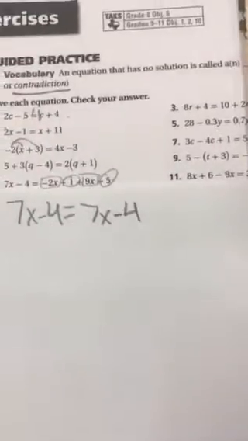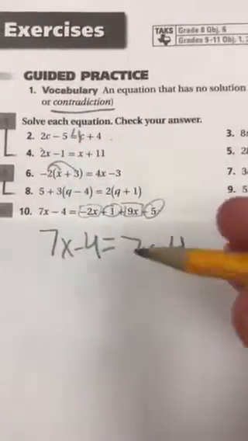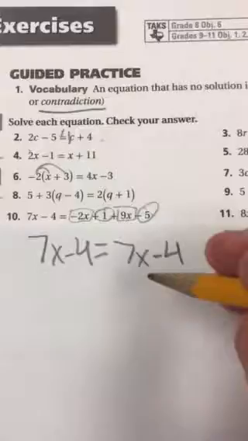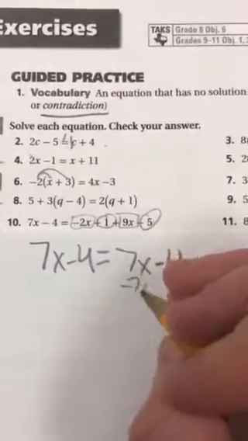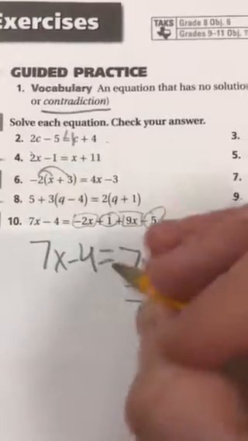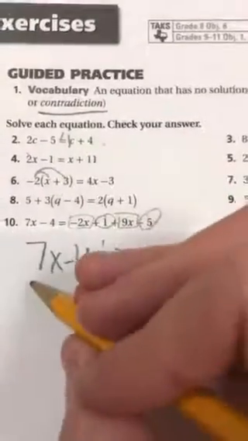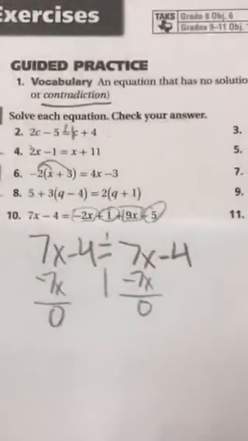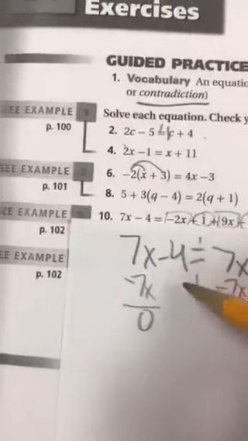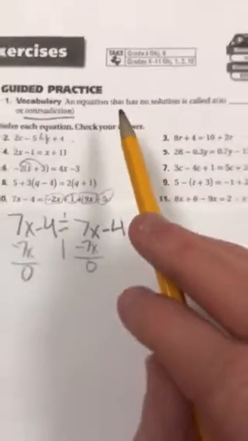Kind of weird, but it's right. We'll solve it either way. Now you can get all the variables onto one side. So if we subtract 7x, 7x minus 7x is 0. Actually here, I think this will go back to our first vocabulary.